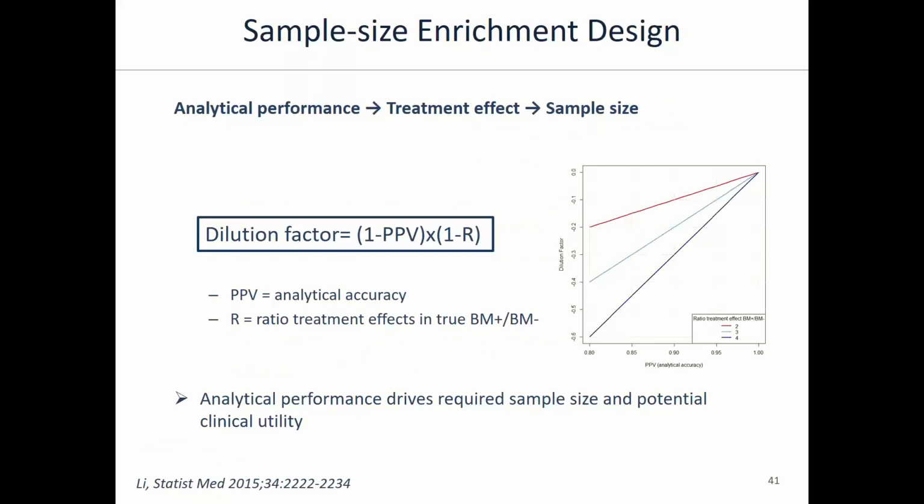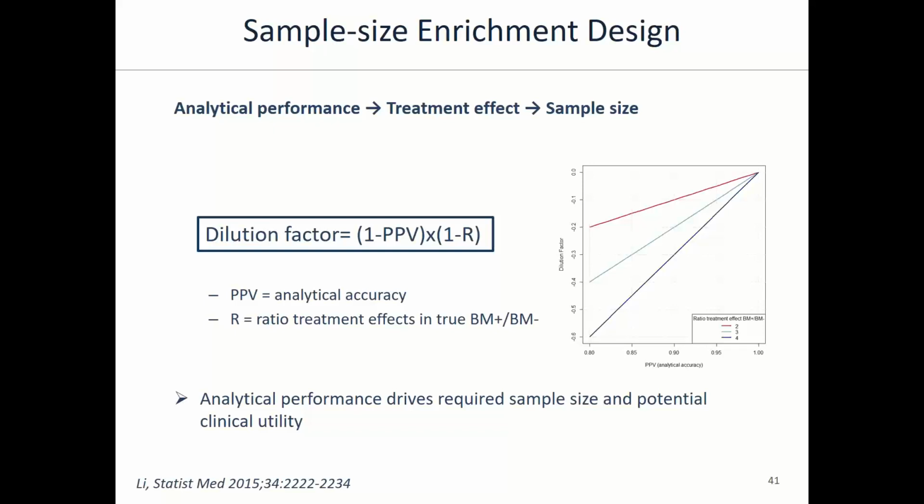One thing I would like to say about these enrichment designs is that it's common knowledge that the treatment effect that we want to pick up will drive the sample size. If we want to pick up an effect of, let's say, an increase in response rate of 20%, that will not need the same sample size as an effect of only 10% absolute increase.